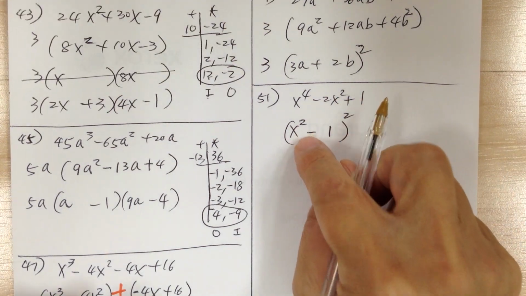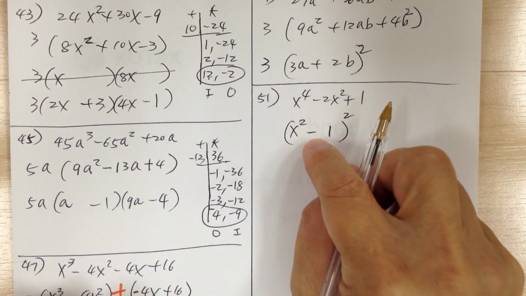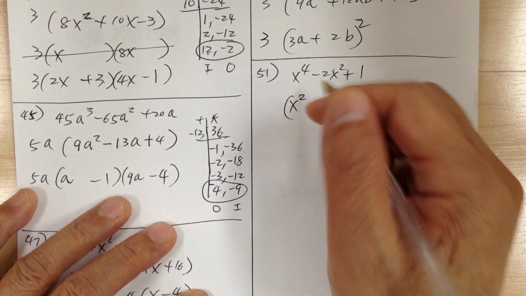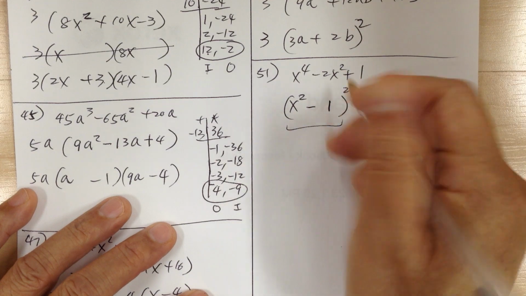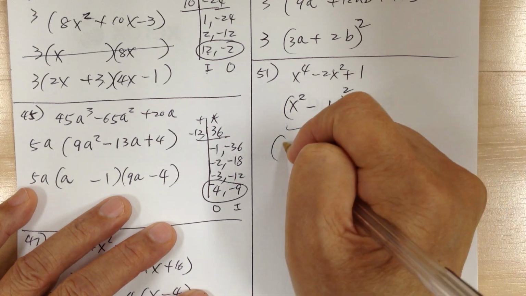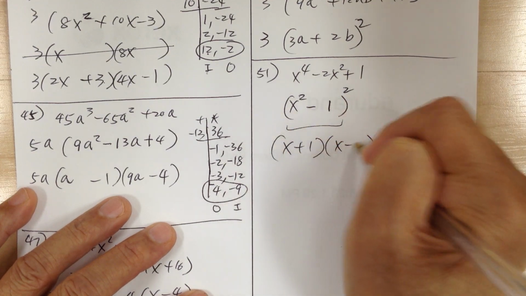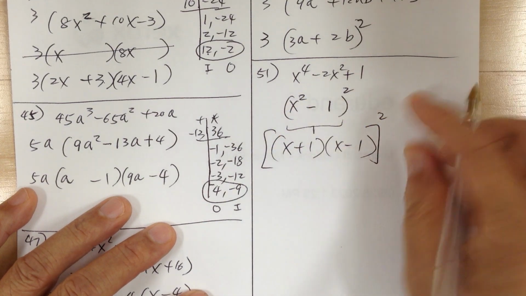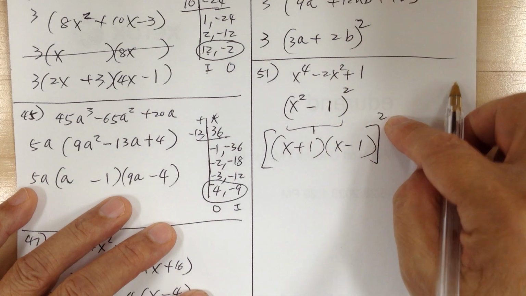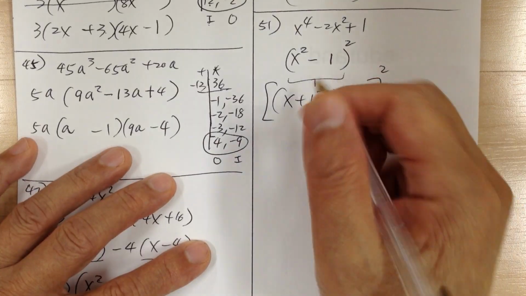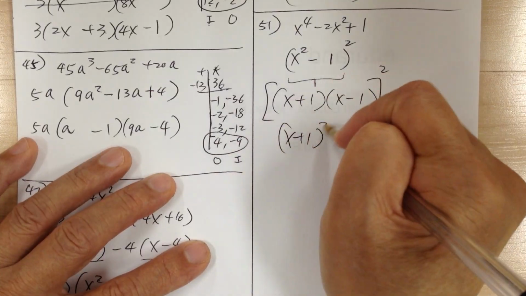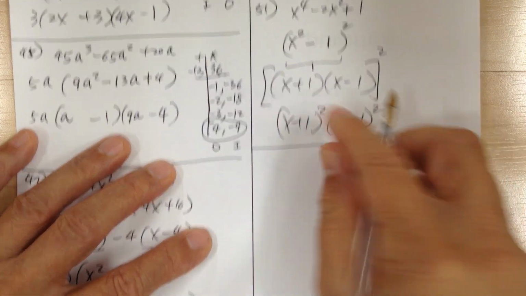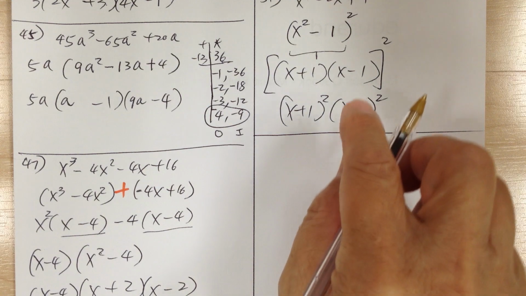But notice over here, this is going to be a difference of squares. So this part is going to give you x plus 1, x minus 1, and that's squared out here. So when you distribute, you're going to get x plus 1 squared, x minus 1 squared. This one is a little bit tricky, so you have to watch out for it.